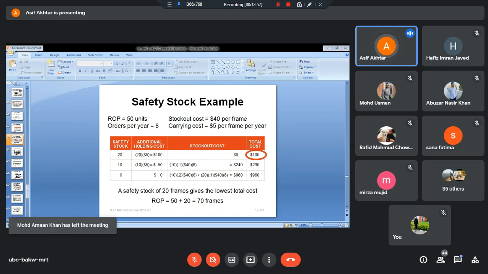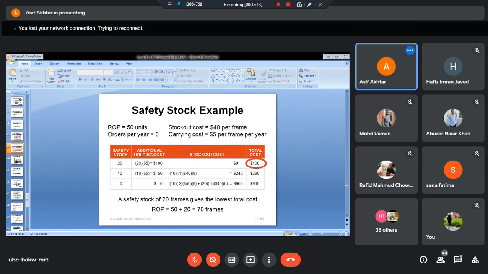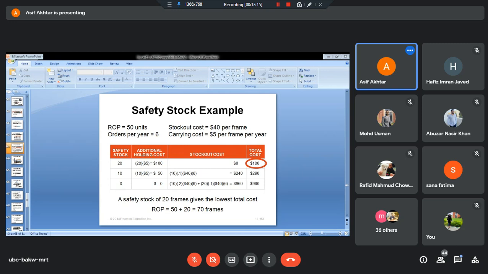The moment I use this word normal distribution, you need to understand that all the calculations of normal probability distributions are done using a formula which includes the mean value, the standard deviation, and the calculation of z.